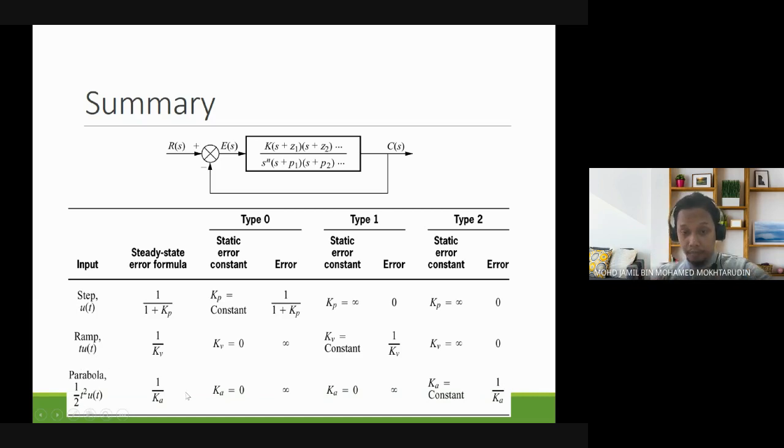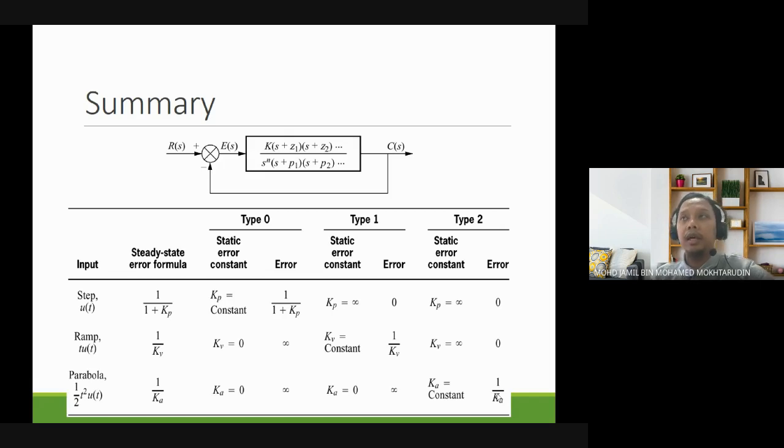Okay, so this formula is important for chapter number 5 later, where we want to design a system or a controller based on some requirements. Maybe a system that you want to design, you want to have a constant error, and at the same time you want the system to have no overshoot, for example.